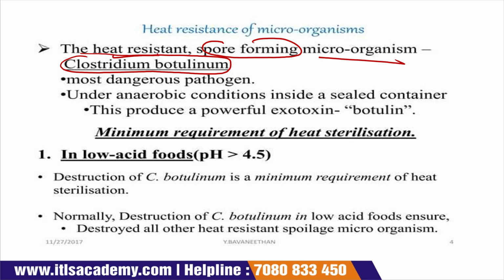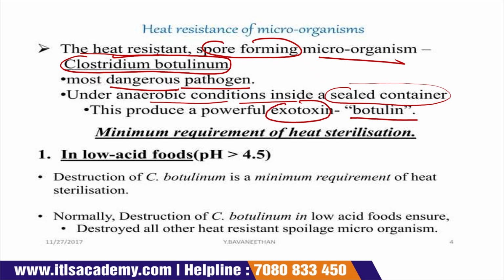It comes under the category of pathogenic microorganisms, and it is the most dangerous pathogen present in food products. Under anaerobic conditions inside the sealed container, it can grow. It also produces an exotoxin called botulin, and this botulin is a very powerful toxin.